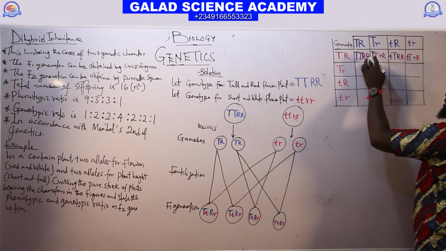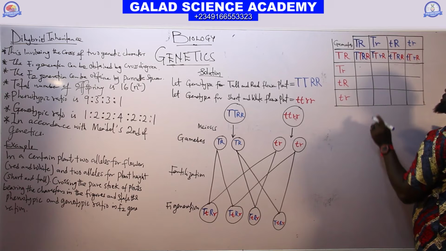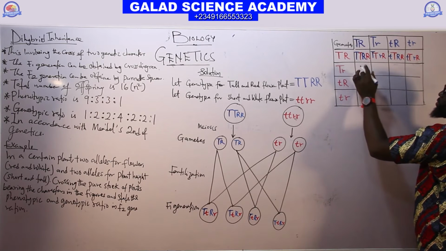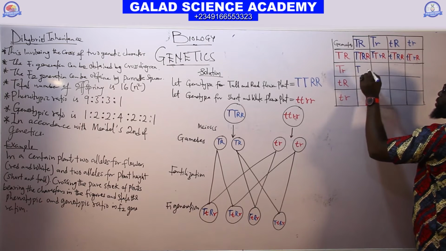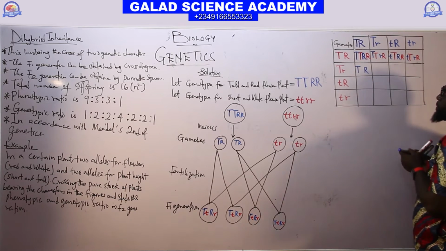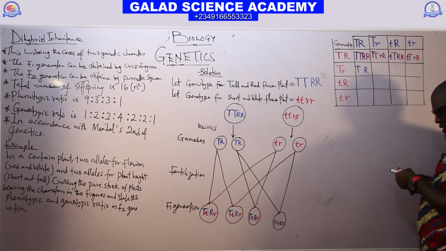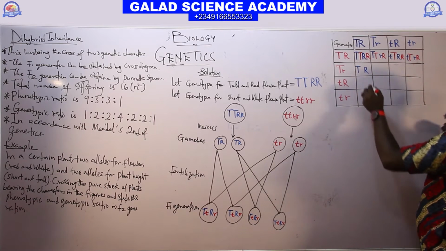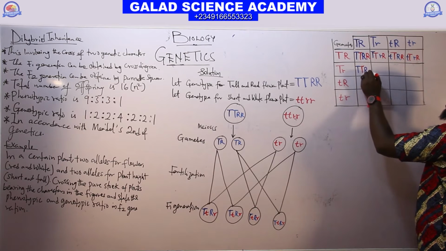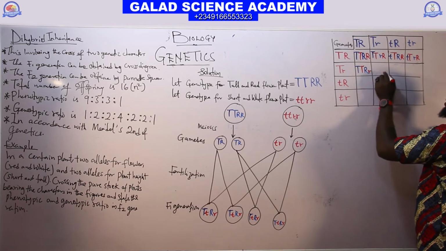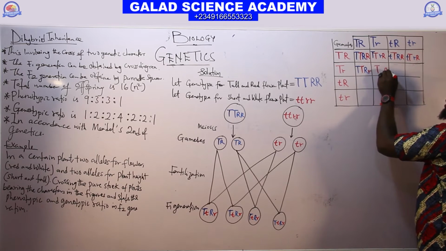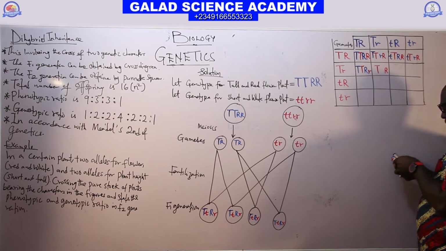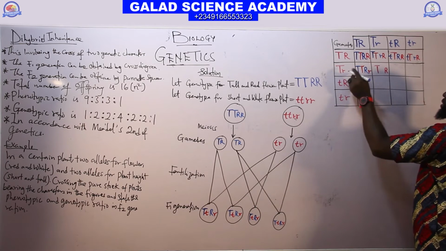If you multiply this again, we have T and R. For this, we have T small r. If you do that again, capital T, capital R.